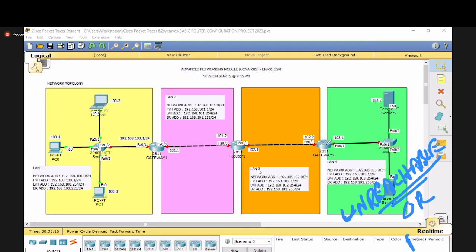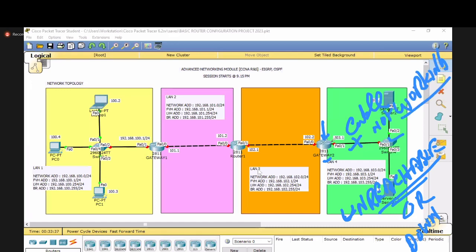Let's say this gateway 2 router, which is connected to the switch on LAN number 4, has some problem in the cable, like the cable is not working. If there is some problem in the cable, it means gateway 2 cannot communicate to LAN 4. So for gateway 2, it is unreachable.